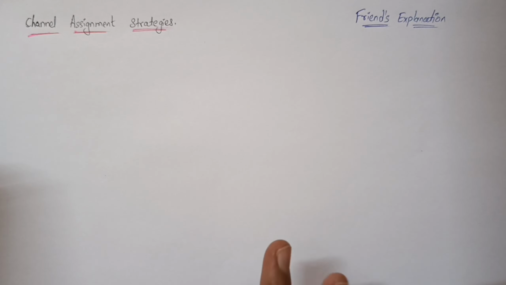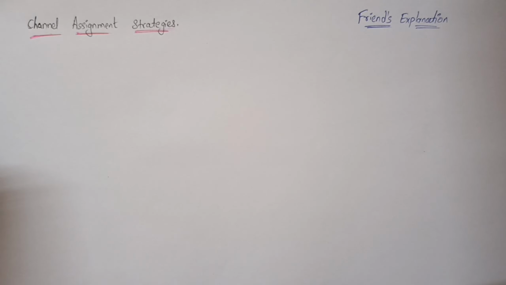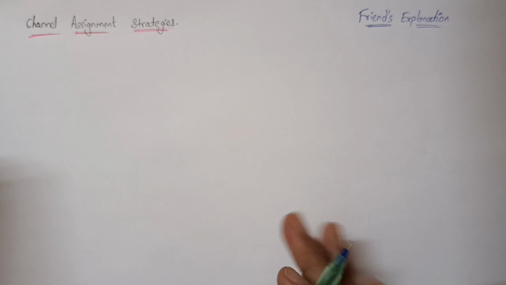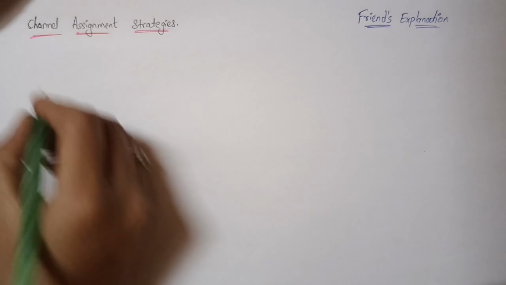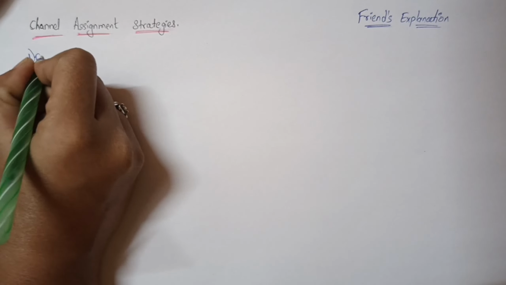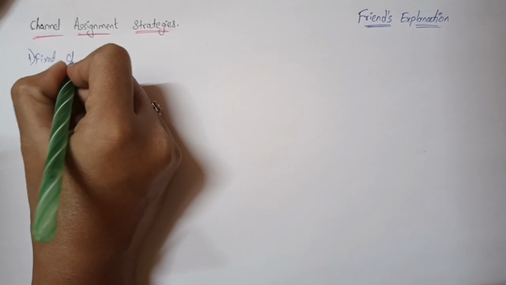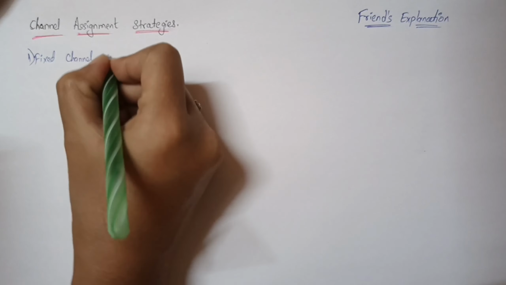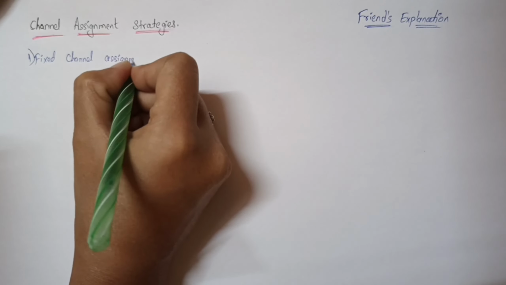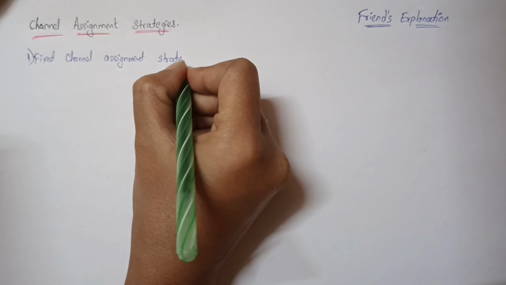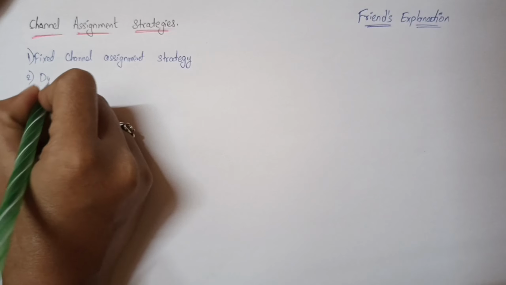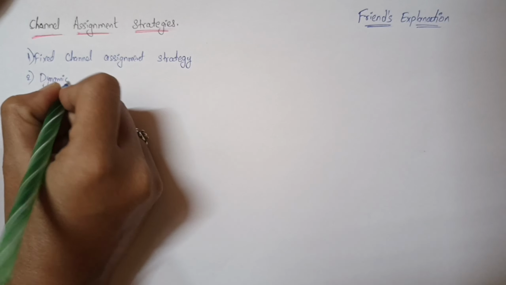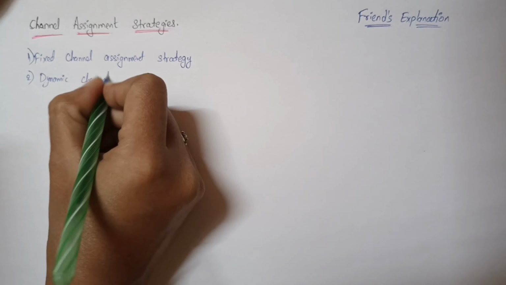In this video we are going to discuss the two major strategies which are used in cellular and wireless communication systems. The first is the fixed channel assignment strategy, and the second one is the dynamic channel assignment strategy.